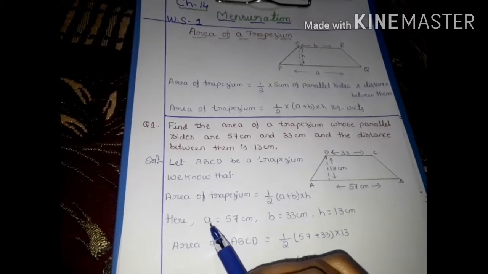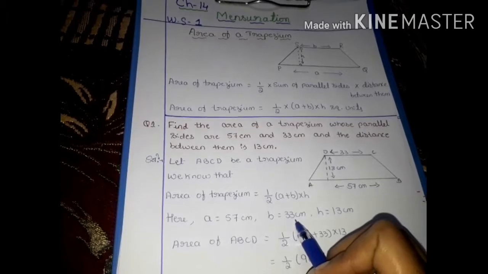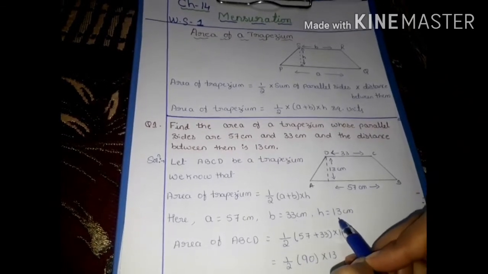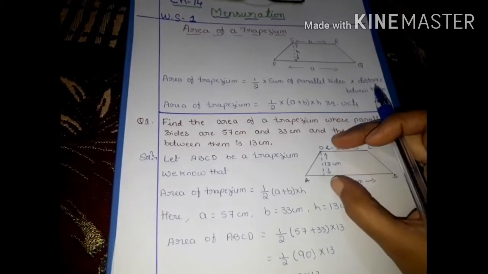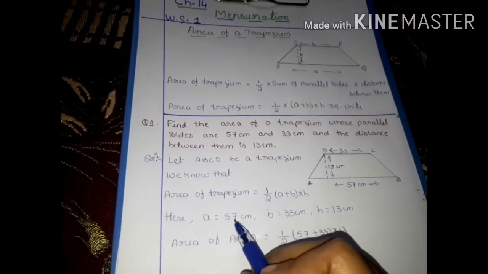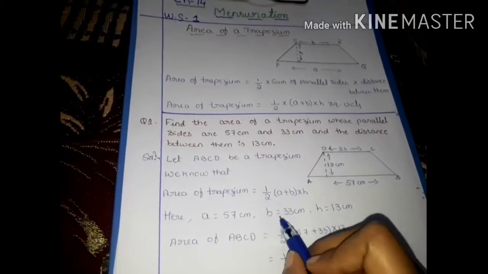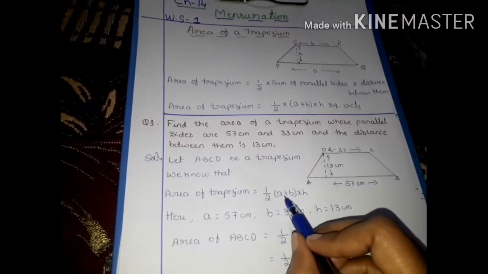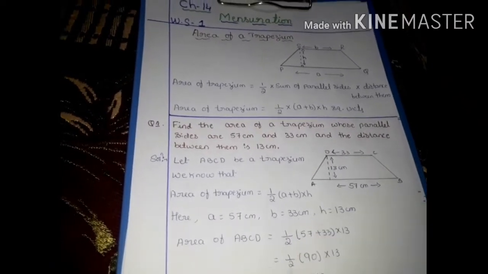Also given, A value is 57 cm, B value is 33 cm, and height, nothing but the distance between the two parallel sides, is 13 cm. Now we have all the values, substitute them in the given formula and find the area of the trapezium.